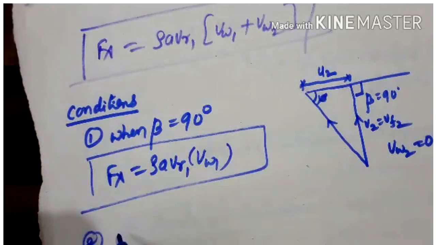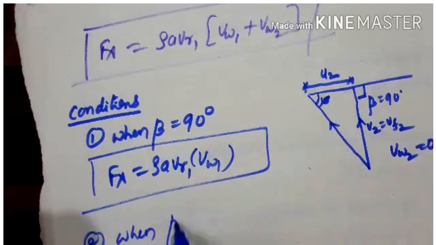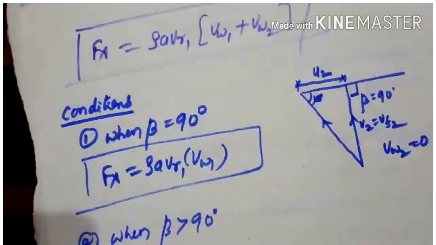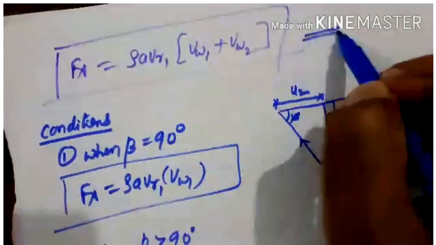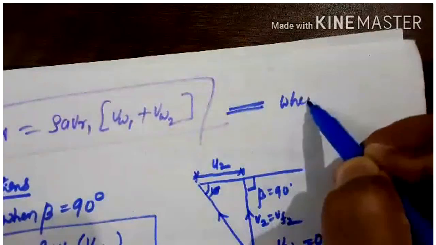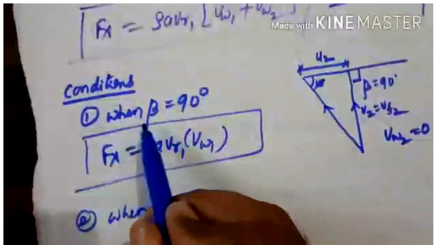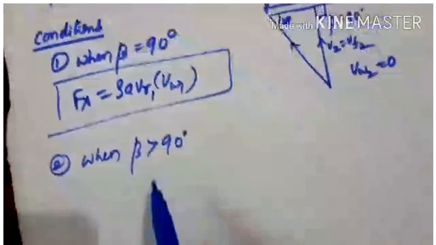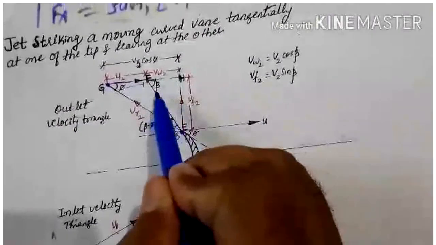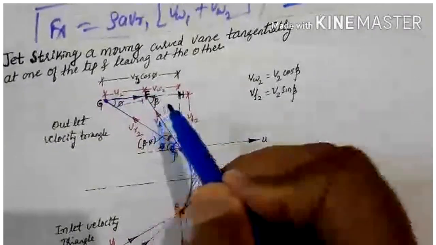Second case, when beta is greater than 90 degree. The previous case was when beta is less than 90, and this case is when beta is 90 or more than 90 degree.